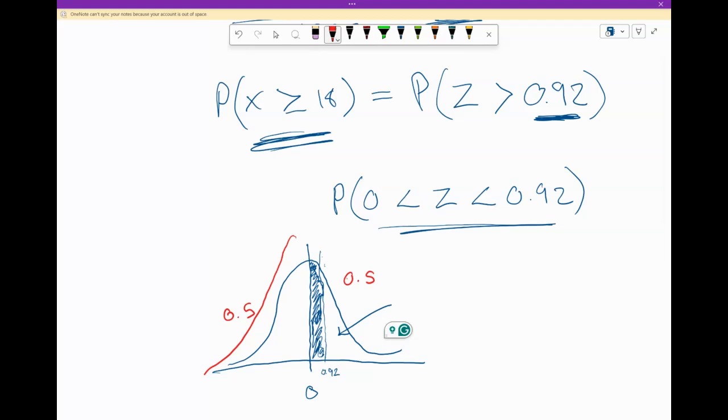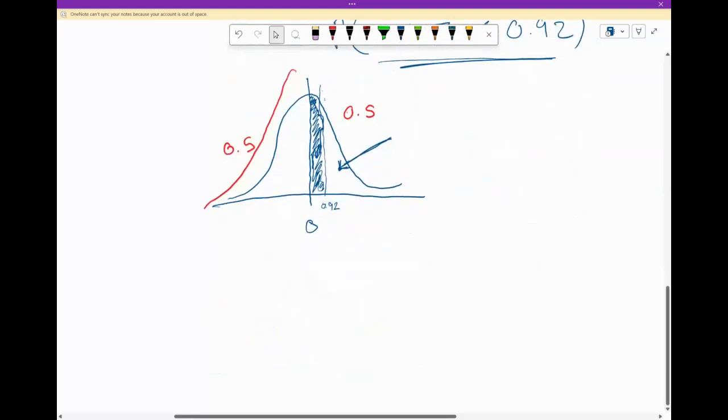So if we want to get this portion here, we take this probability minus 0.5 to only get this section. Let me use a different color. The entire portion here is 0.5, but we don't want the entire portion. We only want this green bit. Does that make sense?